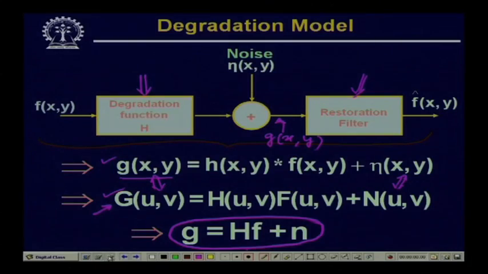And we have three different approaches using which we can estimate the degradation function. The first approach is by observation. That is, we observe a given degraded image, and by observing it, we can have an estimation of what the degradation function is.